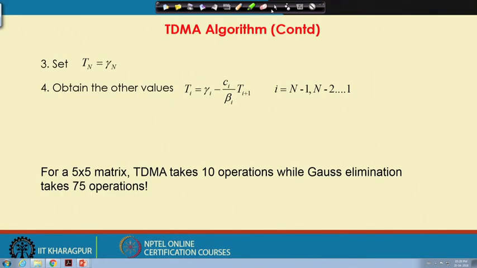So, TDMA will be much faster, and TDMA is a very useful algorithm used for tridiagonal matrices, which occur very frequently in different scientific computations, especially in cases where one dimensional problems are involved.